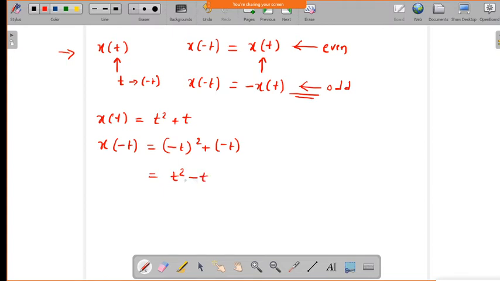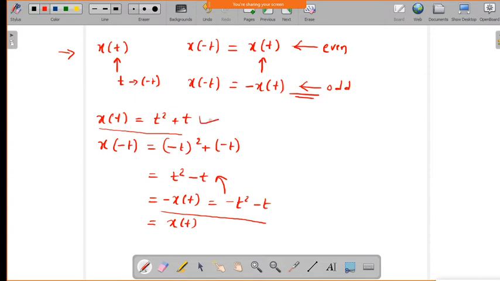Is it in the form of minus x of t? If I take minus x of t, it becomes minus t square minus t, but it is not in the form of x of minus t, and also it is not the same x of t. So x of t is t square plus t, and x of minus t is t square minus t. So this signal is neither an even signal nor an odd signal.